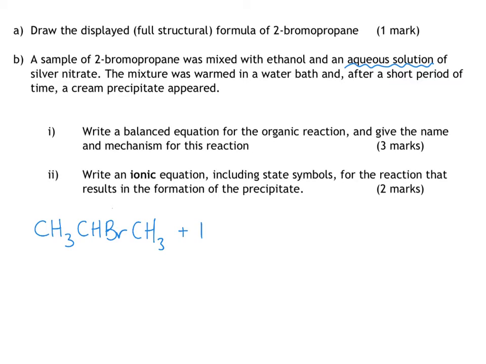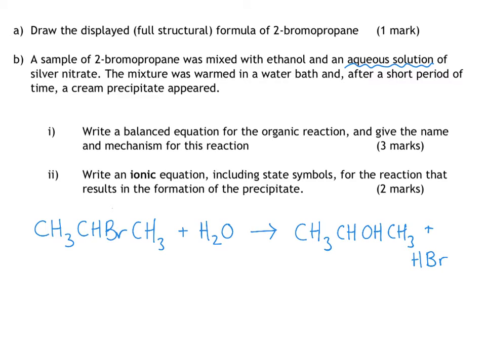And I'm going to react it with water because that's what's present that's reacting in the organic reaction, and I'm going to make CH3CHOHCH3, so I've made propan-2-ol, and then because it's substitution I have another product which is HBr.